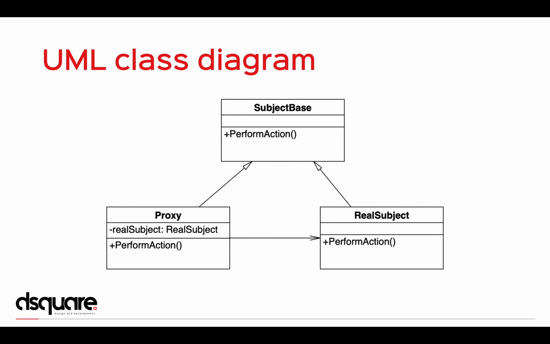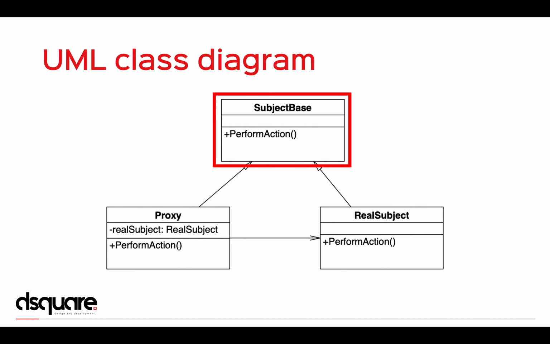So let's have a look at the class diagram for the proxy software design pattern. The class diagram consists of three entities, the first of which is the subject base. The subject base will be used to tie together a real subject and a proxy, because the idea of the proxy design pattern is that the proxy needs to be of the same type as the object for which it's acting as a proxy.